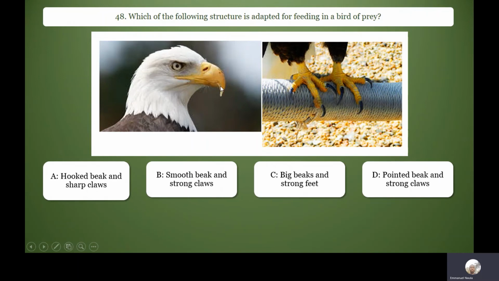You can see their curved beak for tearing prey, and then the sharp curved claws or talons for grasping prey. So the correct option here is A.